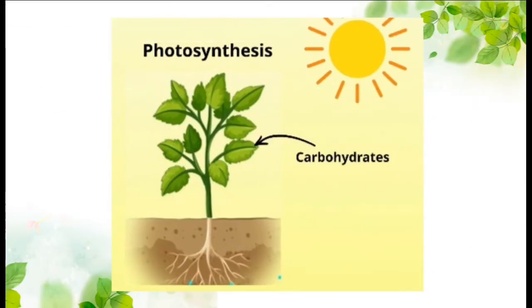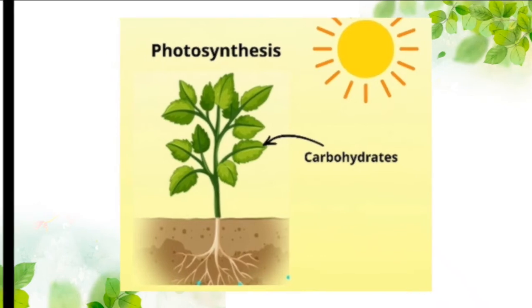We know that leaves make food in the form of carbohydrates by the process of photosynthesis. They also use some of these carbohydrates to make amino acids, proteins, and other organic substances.